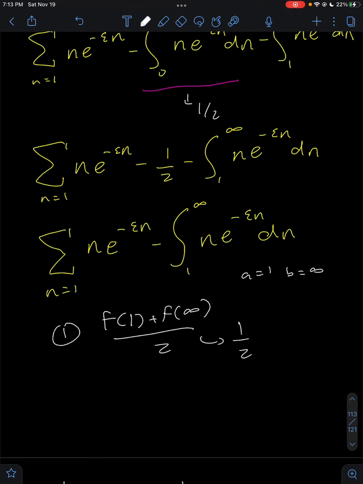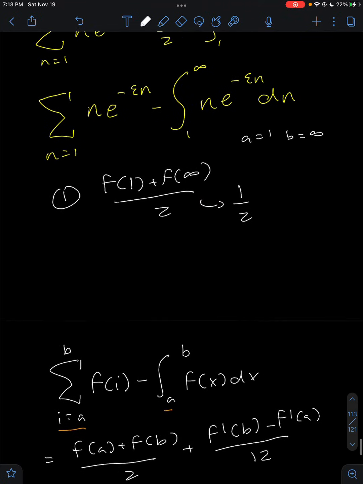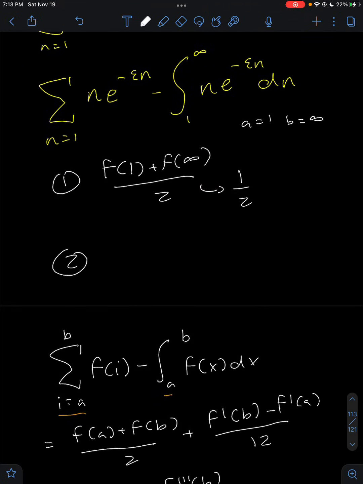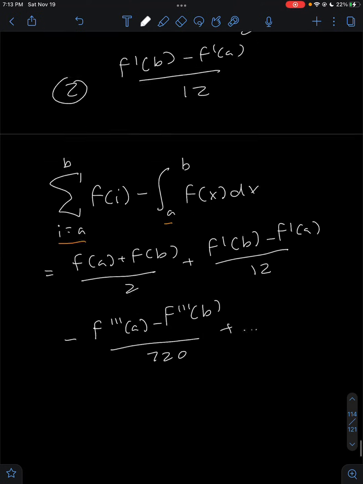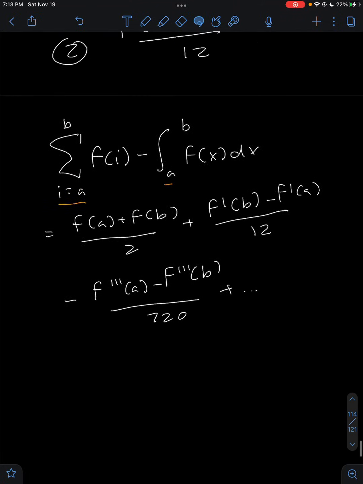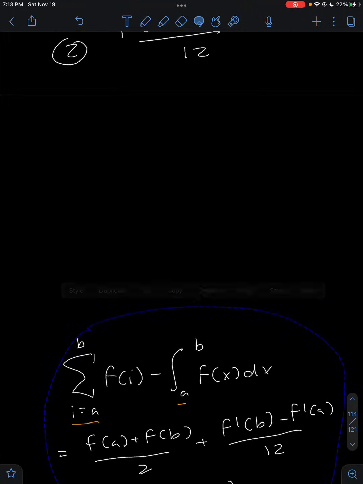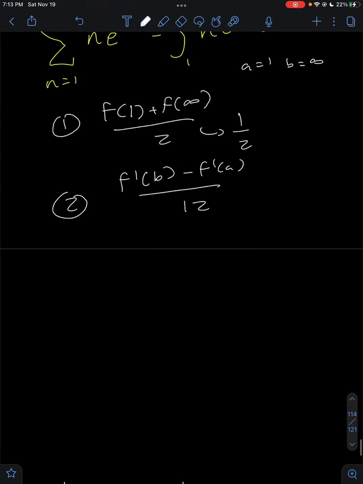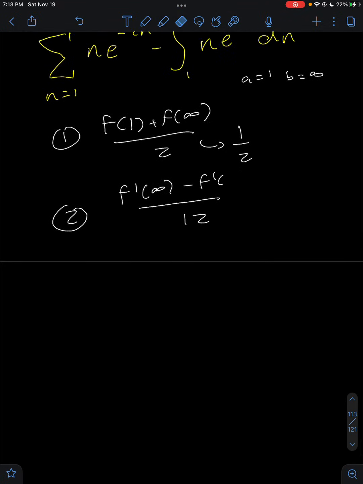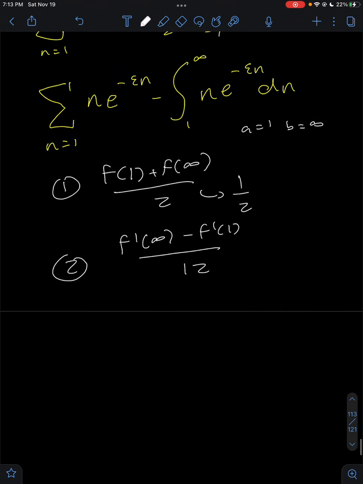Pretty simple, right? And we're going to repeat the same step for the second term. We want to find f prime of b minus f prime of a, over 12. So that's f prime of infinity minus f prime of 1. What's f prime to start with?